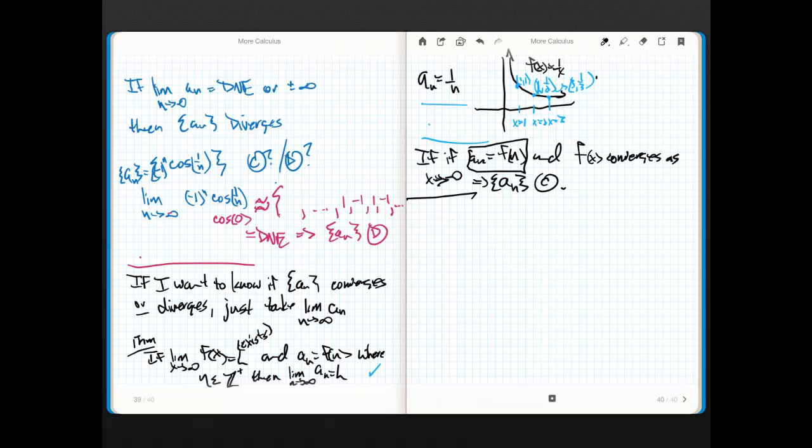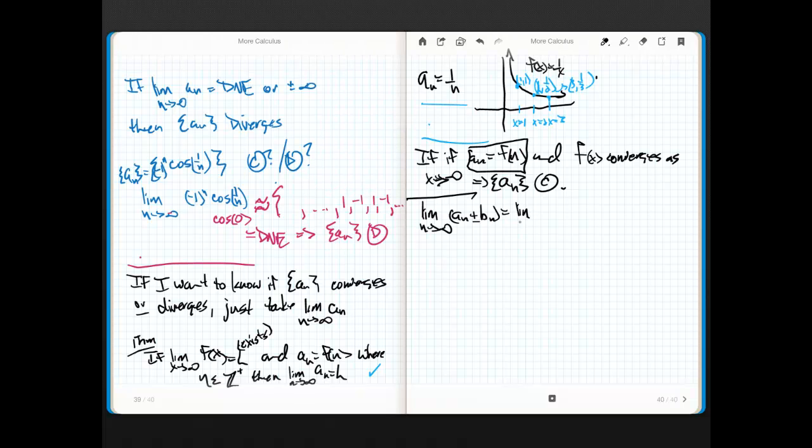Now think about this. Another super powerful bit of juju that we can use is if I marry a sequence to a function, then all of the limit laws for functions apply to sequences. If I take the limit as n goes to infinity of a sub n plus b sub n, well, remember, the limit of the sum is the sum of the limits. I'm not even going to screw around because there's no such thing as subtraction. It's just addition with negative terms, right?